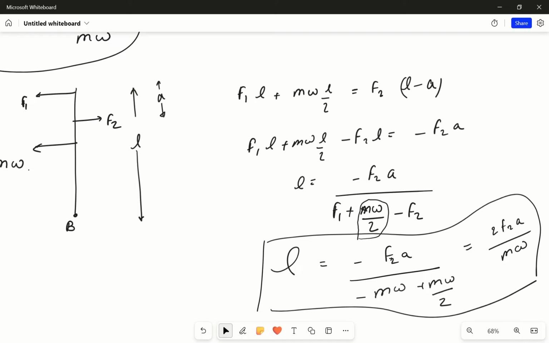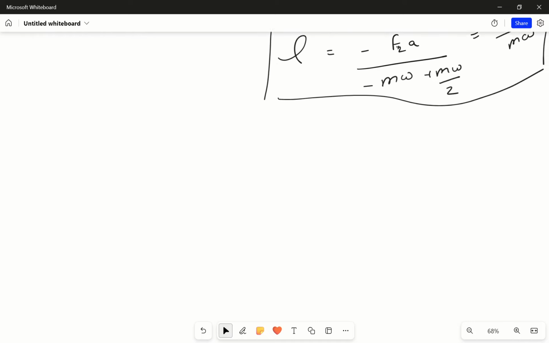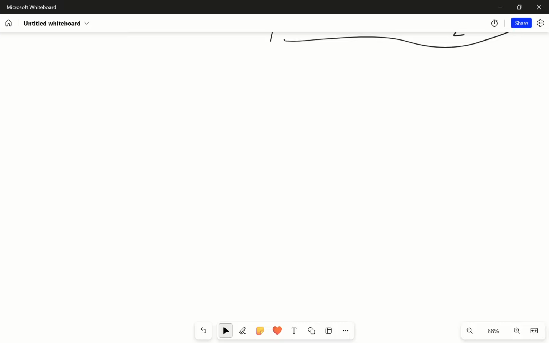Now you might have one doubt: while we applied the torque equation about the center of mass, we didn't consider the pseudo force, even though the center of mass was also accelerating as the rod is accelerating. So why didn't we consider the pseudo force about that point?